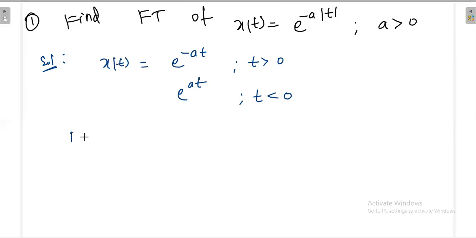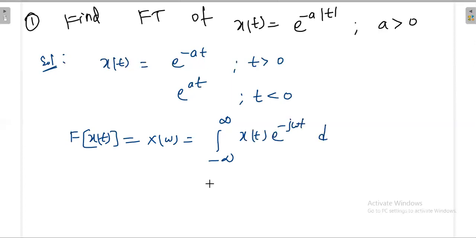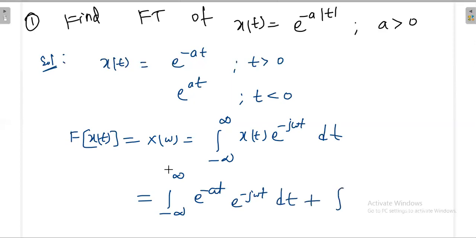The Fourier transform of x of t is X of omega, that is the integral from minus infinity to plus infinity of x of t e power minus j omega t dt. I think please wait, we made a mistake.